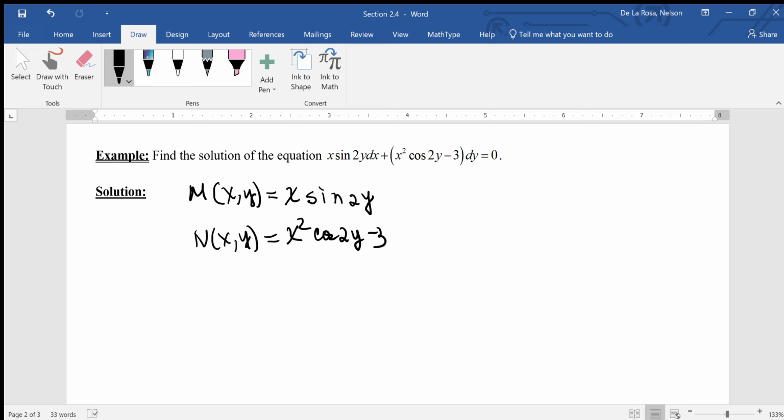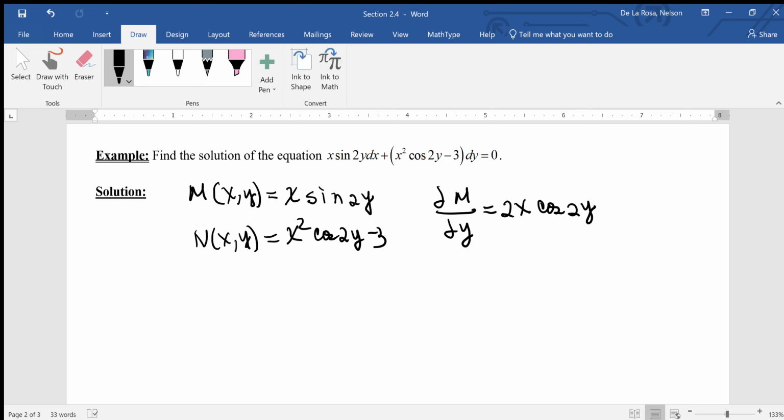For this reason, we need to compute the derivative of M with respect to y. So the derivative of M with respect to y is going to be simply 2x cosine of 2y.